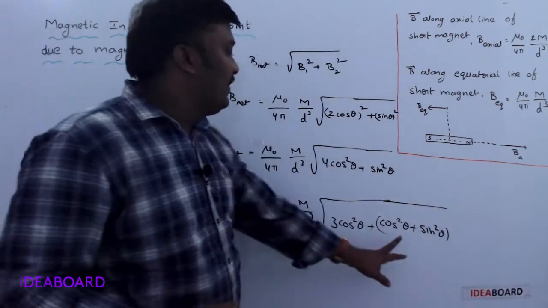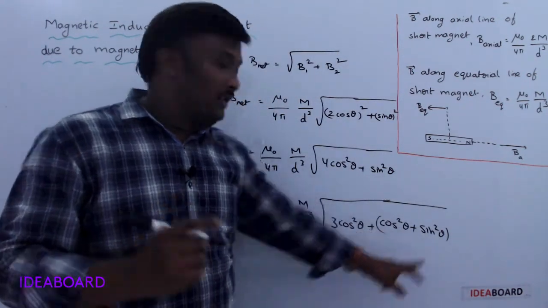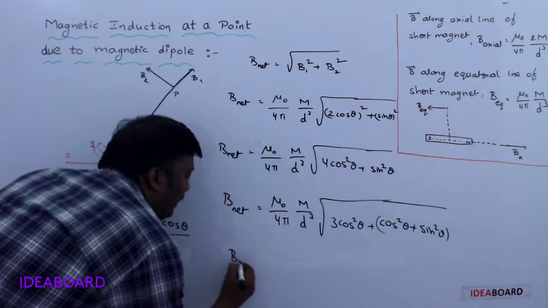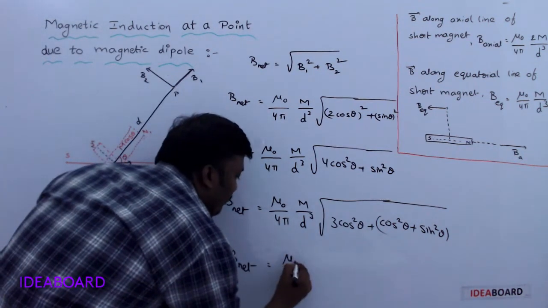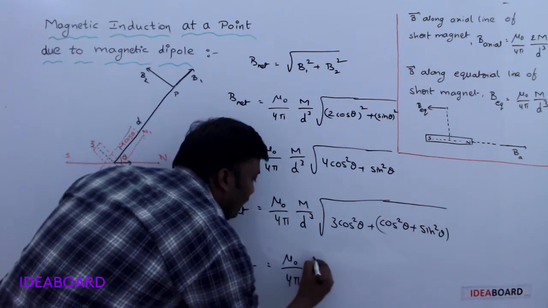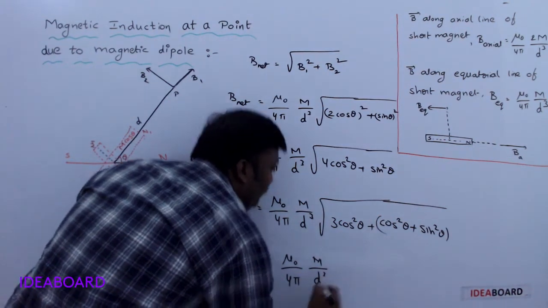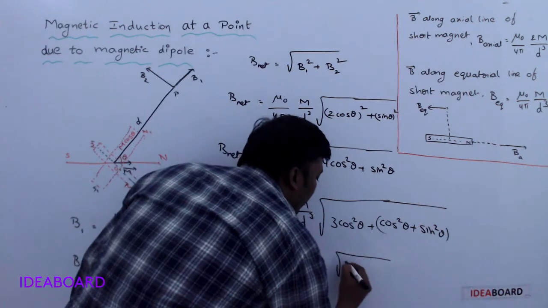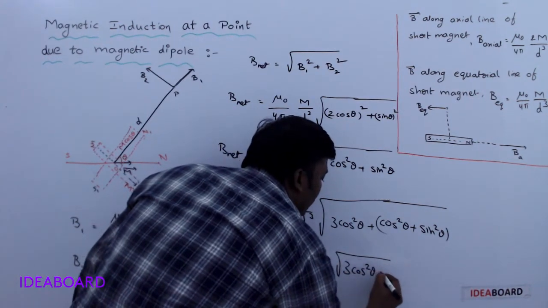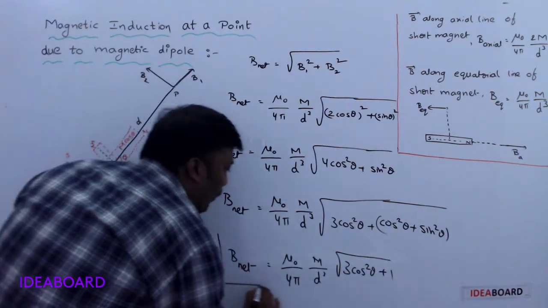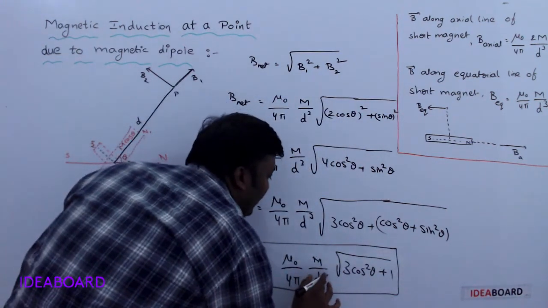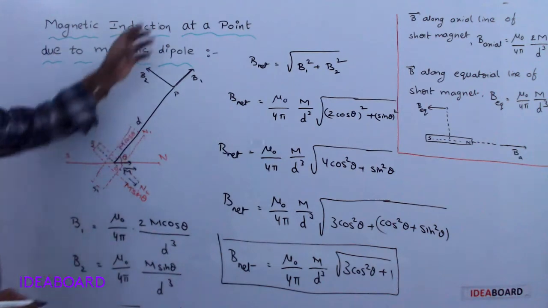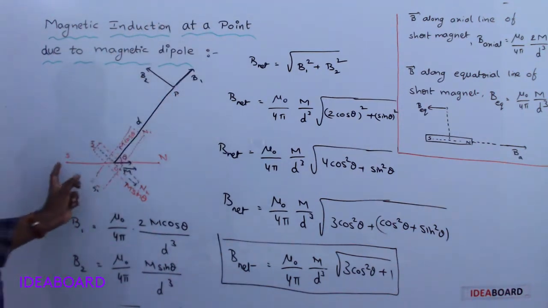We know cos square theta plus sin square theta is 1. So the net magnetic field at point P is mu naught by 4 pi m by d cube into under root 3 cos square theta plus 1. This is the value of the magnetic field induction at a point P due to the magnetic dipole.